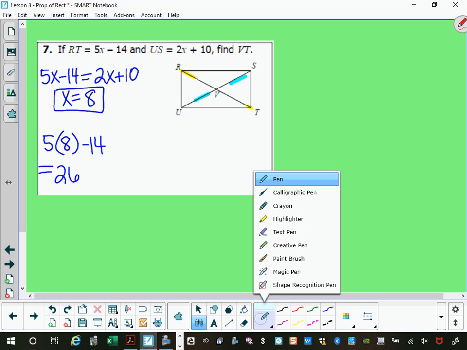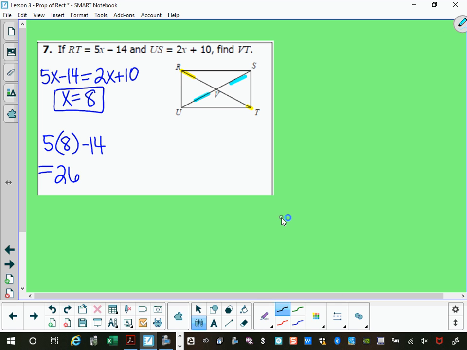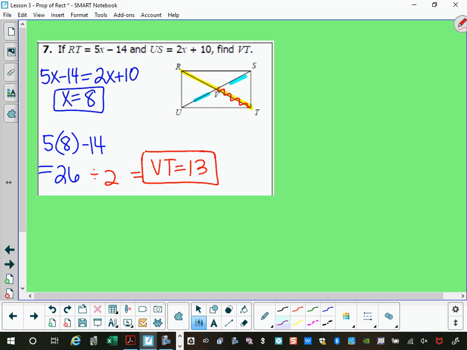All I need is this piece right here. So cut it in half. What is 26 divided by 2? So BT is equal to 13. What you have to know there is that diagonals bisect each other and they're congruent. So then you know if one piece is 13, the other piece is 13.